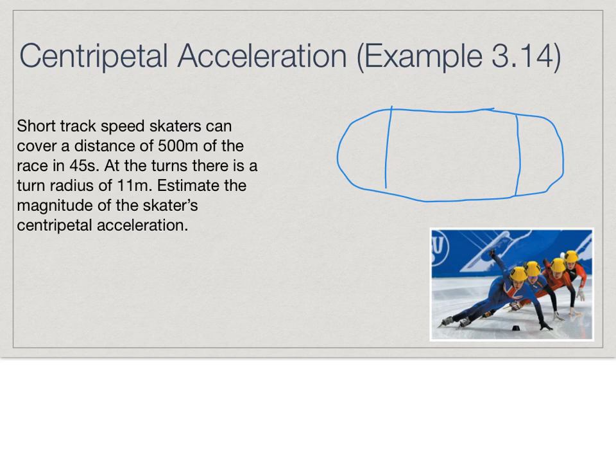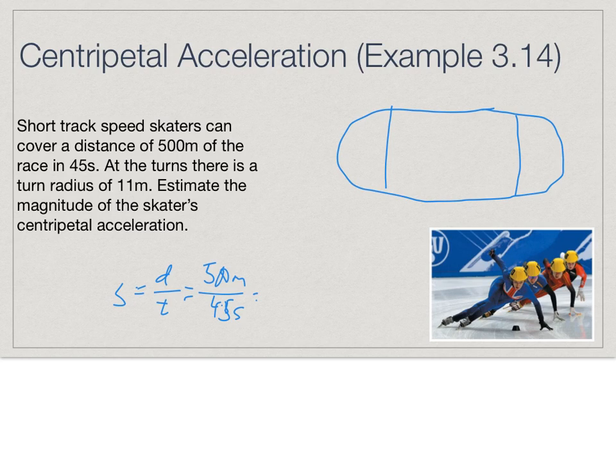So one thing that we are going to assume is a constant speed throughout the entire trip. All right. So if I want to know speed, that's equal to my distance divided by time. Distance is 500 meters, and time is 45 seconds.